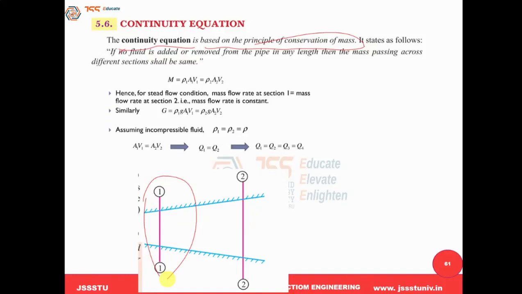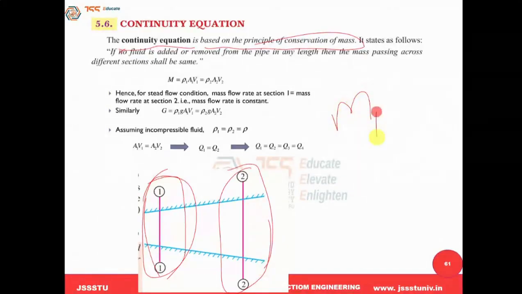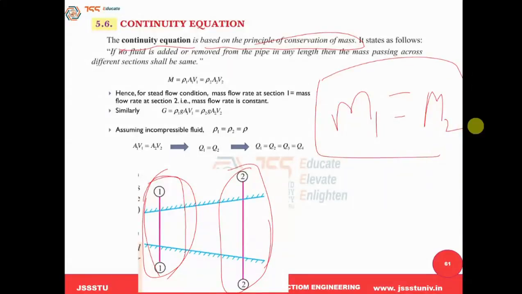Conservation of mass means that the mass entering at section 1 in the pipe is the same as at section 2. Let us say the mass at section 1 is M1 and at section 2 is M2. These two are equal. We are talking about mass flow rate, m dot 1 and m dot 2.